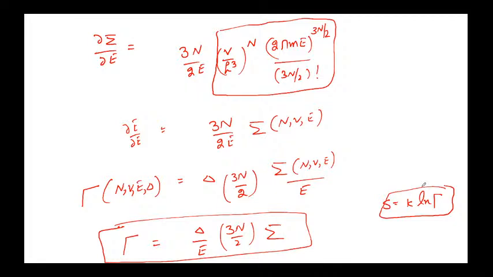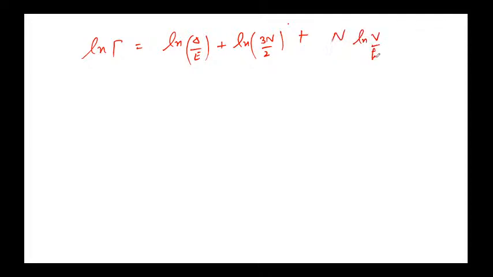So taking the logarithmic value of this equation, log of gamma becomes log of delta over E plus log of 3N by 2 plus N log of V over h cube, 4 pi m E over 3N to the power 3N by 2, plus 3N by 2. So this is the value of the sigma function.